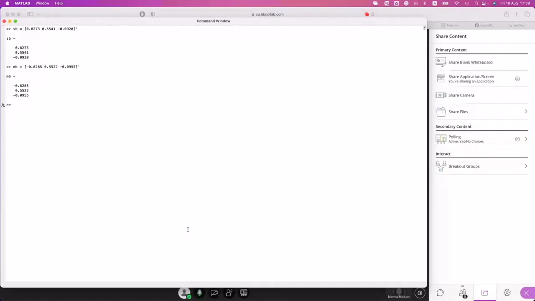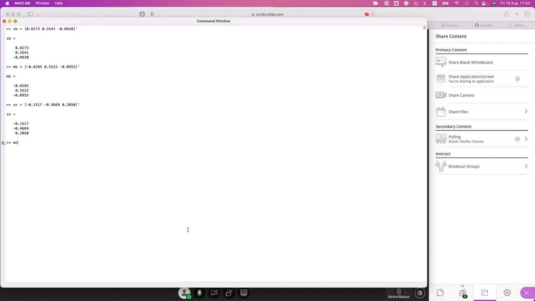So the example further says both vectors have known inertial frame components. So these are known values. We have Sn from the sun: minus 0.1517, minus 0.9669, and 0.2050, transpose. That's the inertial frame component of the sun.